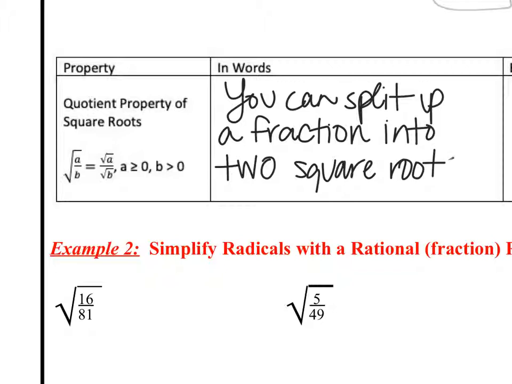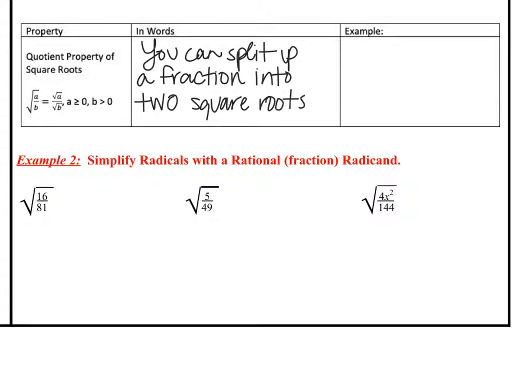So if there's 2 numbers in a fraction underneath the radical, you can split it up. Be something like this. If I have the square root of, I don't know, how about square root of 3 over 100. We can rewrite that as square root of 3 divided by square root of 100.